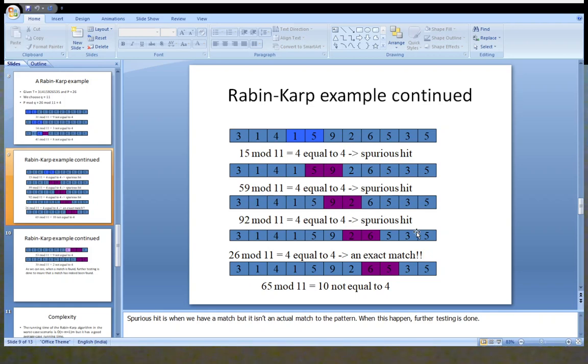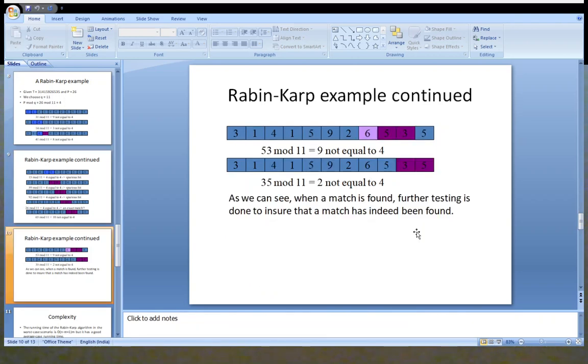So for 65 mod 11, the hash value is equal to 10, and for the pattern the hash value is equal to 4. They are not equal, so we shall ignore that. At the last position, 53 mod 11 is equal to 9, and that's not equal to 4.